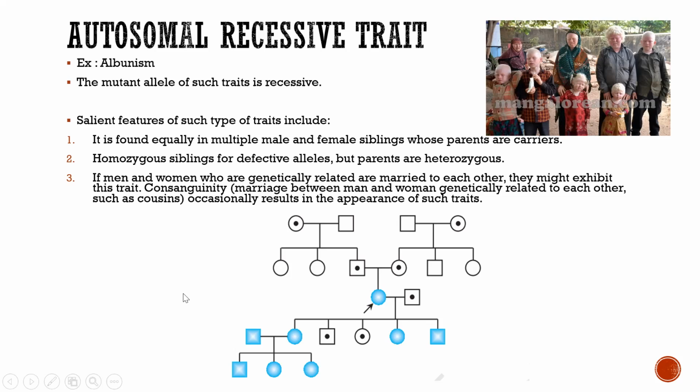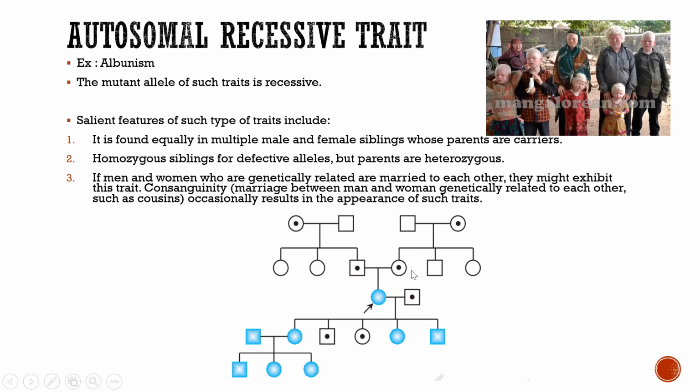Okay. And this is usually seen in consanguineous marriages. Means a marriage between close relatives, such as cousins. Here in this pedigree chart, you can see these are the parents, and these are the individuals of the first generation. This is the parental generation. This is the first generation, and they both are cousins.